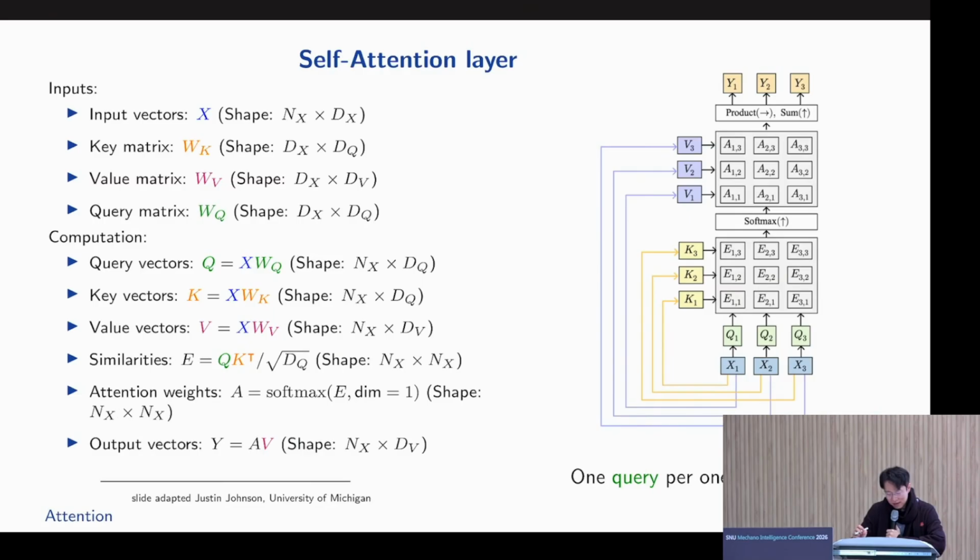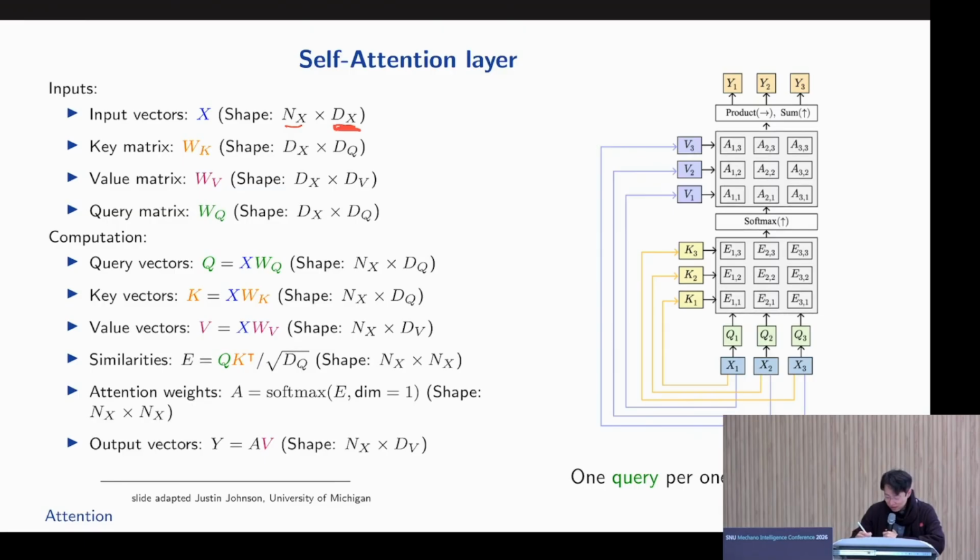So here is the self-attention layer module. This is a neural architecture, and X is the input. NX is the batch size, DX is some hidden dimension, or if this is front-facing, meaning this layer is facing the data, you can interpret it as the number of words in the dictionary, or the vocabulary size.